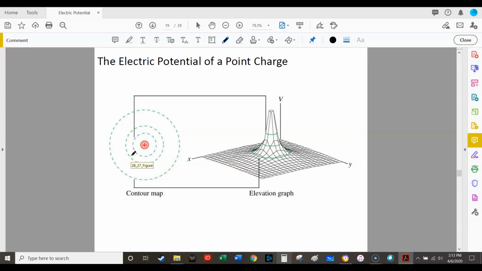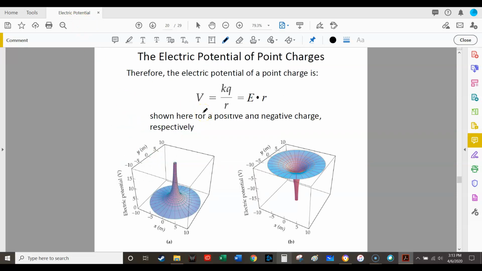I view it as a height, and that's electric potential is voltage. So that's what you were supposed to learn from this. And so point charges wise, you have a positive guy that creates a mountain, okay? And we have an electron that creates a trough underwater, okay? So if this is zero potential right here at its base, then this is going to be a very high potential here, okay? And this is zero here.